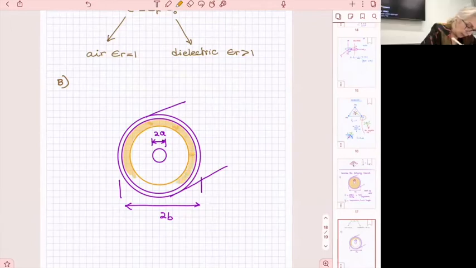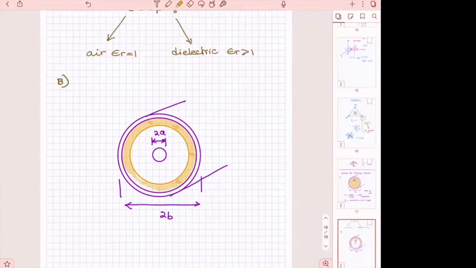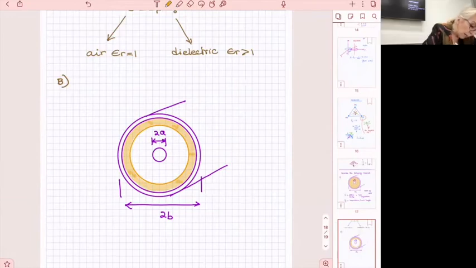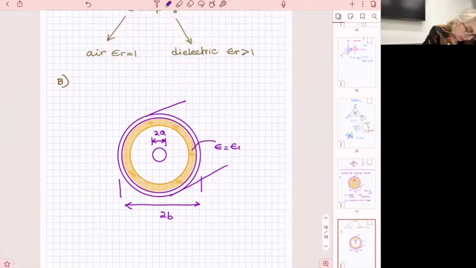Yes, exactly. So where now this one is epsilon, epsilon r, epsilon naught, and epsilon r is 4.